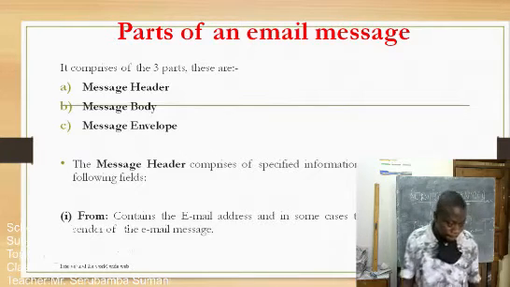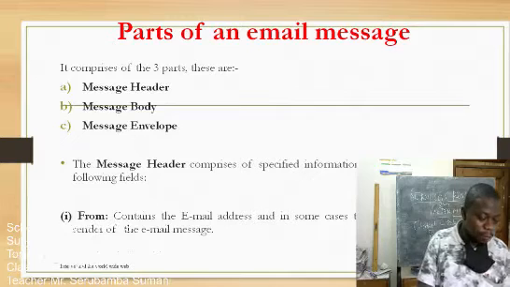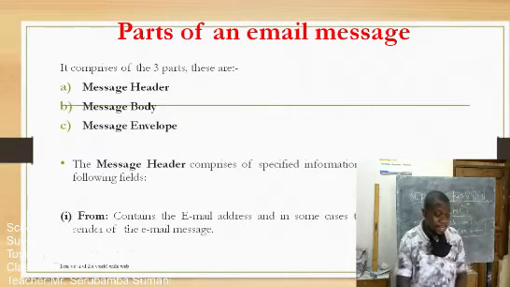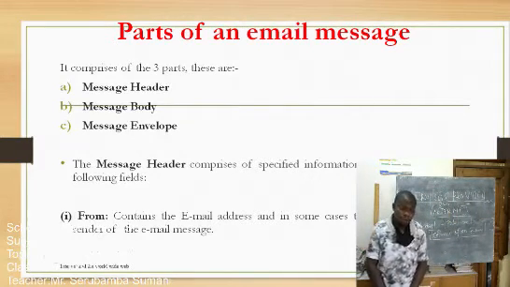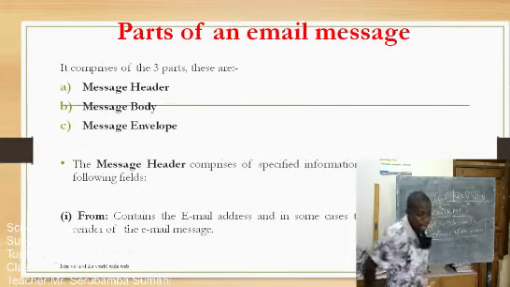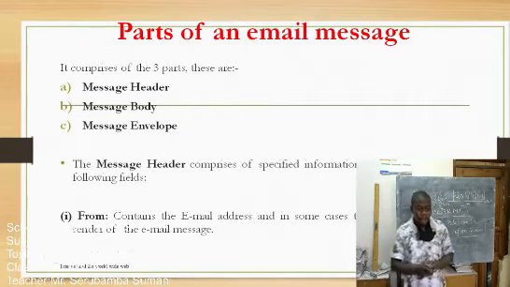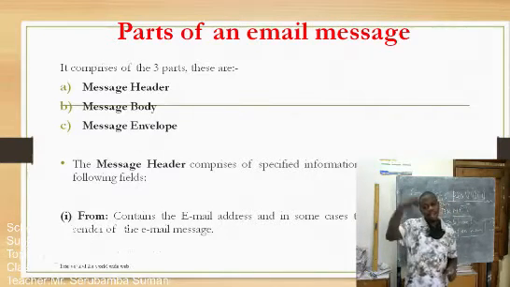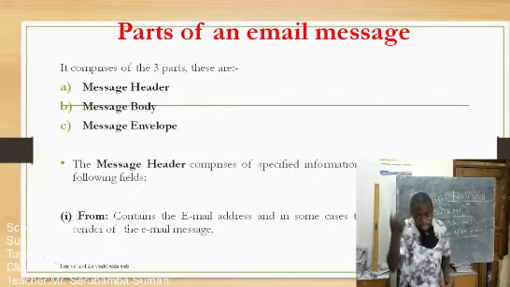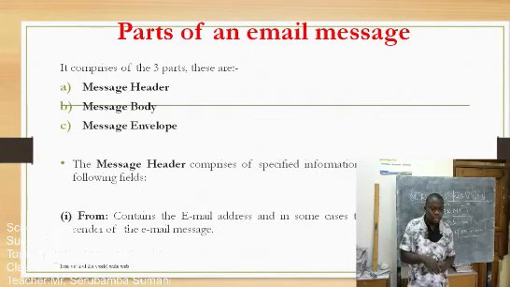So we move on. The message header comprises specified information which appears in the following fields. The first one is called From. From contains the email address of the person who generated the mail message that you are receiving within your account.